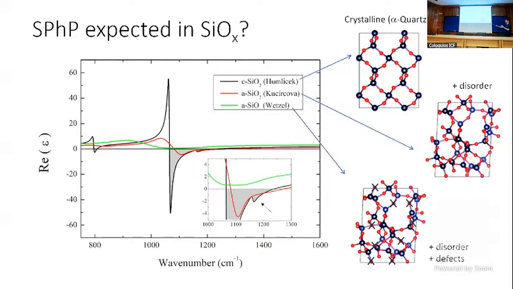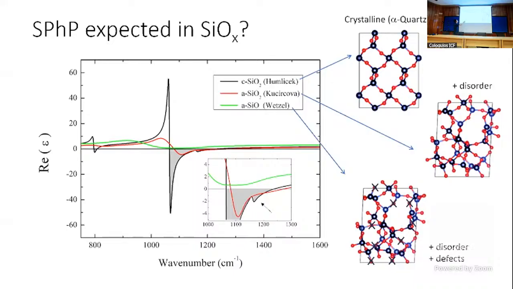So this is what I came to represent this. But really, they are not exactly that. They can be sputtered or they can be interstitial defects. But this one is the first one. The second is the first with disorder. The third is the second with more defects. And then you can see here, the important stuff is this: we have to look for this region with a negative real part of the dielectric function.